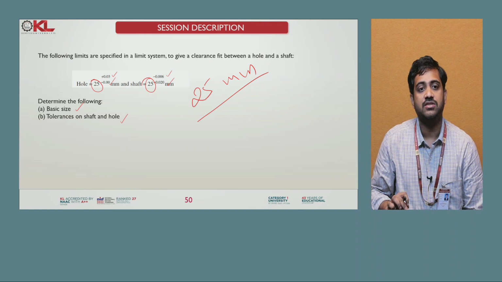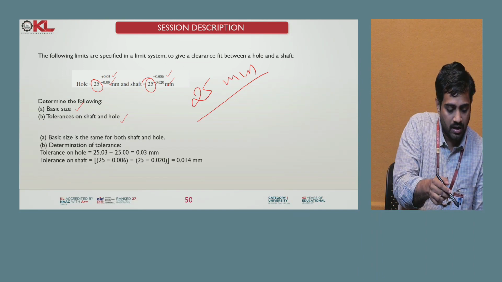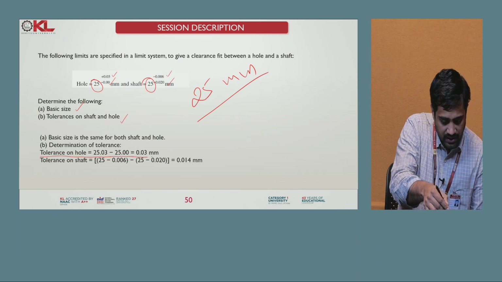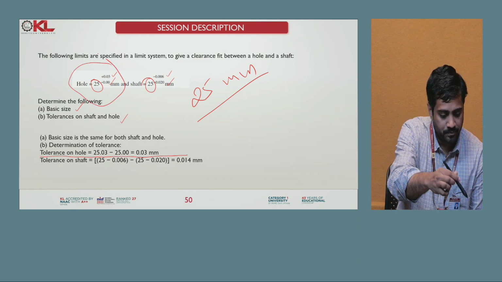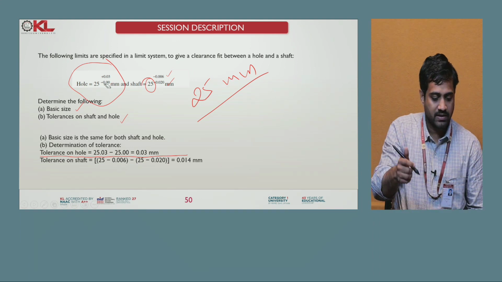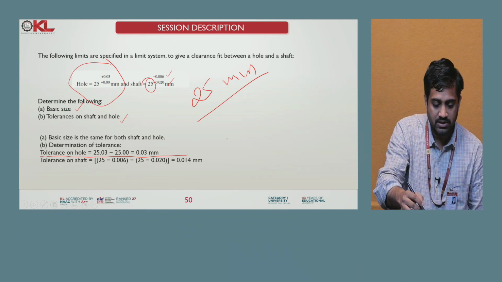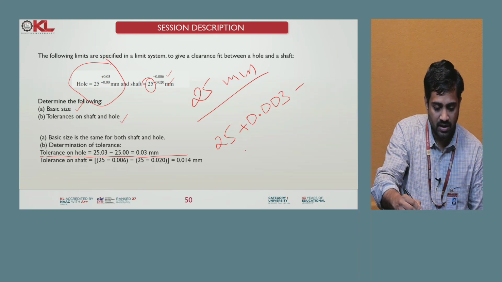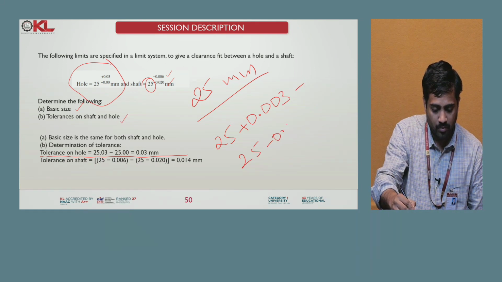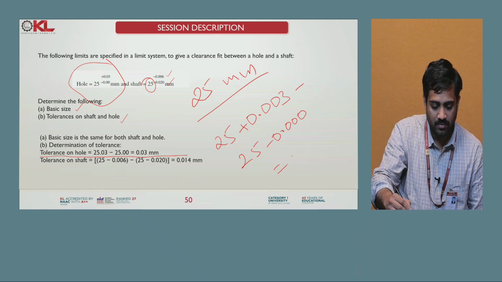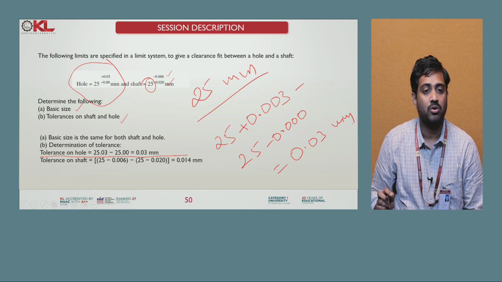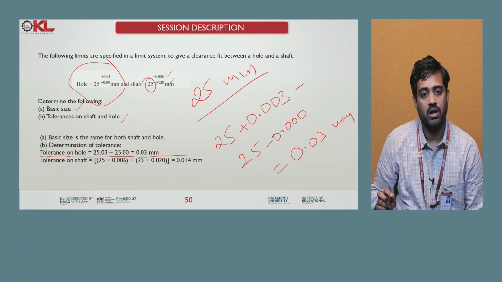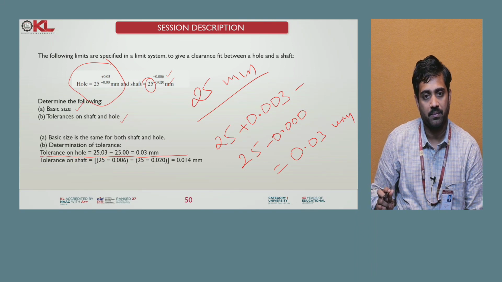Coming to the tolerances on shaft and hole, the tolerance on the hole will be 25 plus 0.03 minus 25 minus 0.000. The total will be 0.03 mm. This is called the tolerance on the hole, 0.03 mm.